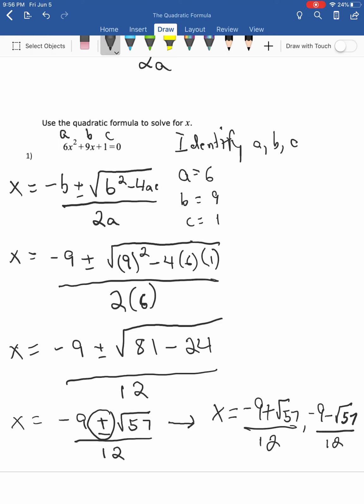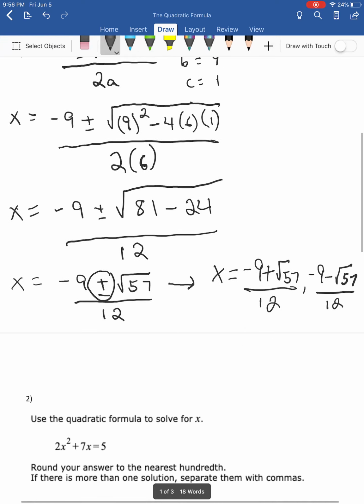If the question doesn't specify to round, leave your answer with the square roots like that.